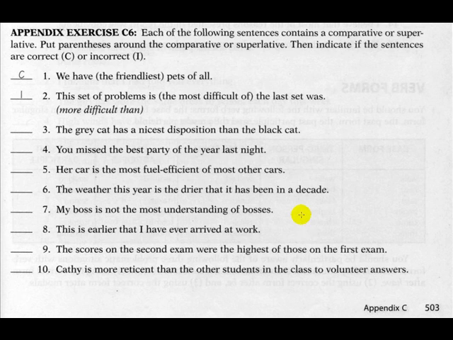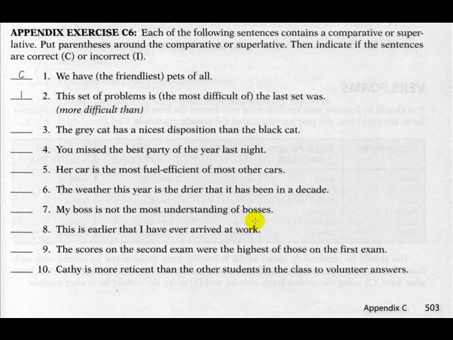The next sentence, number 7, says, my boss is not the most understanding of bosses. Okay, so what type of statement is the most understanding? Well, we're not making a comparison here in the sense that we're comparing it with all bosses.